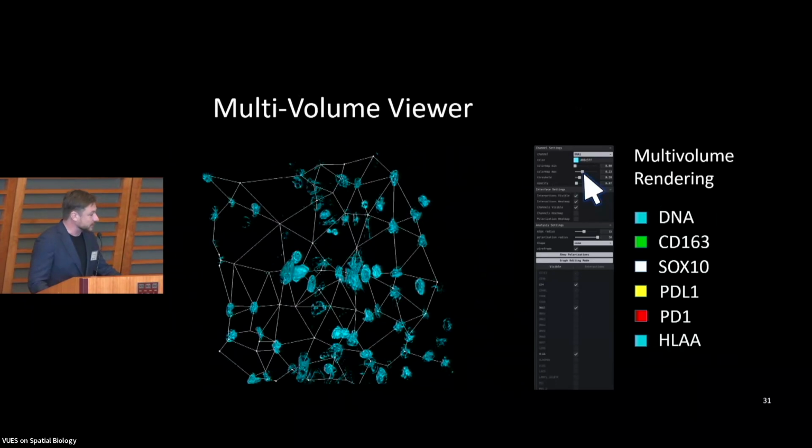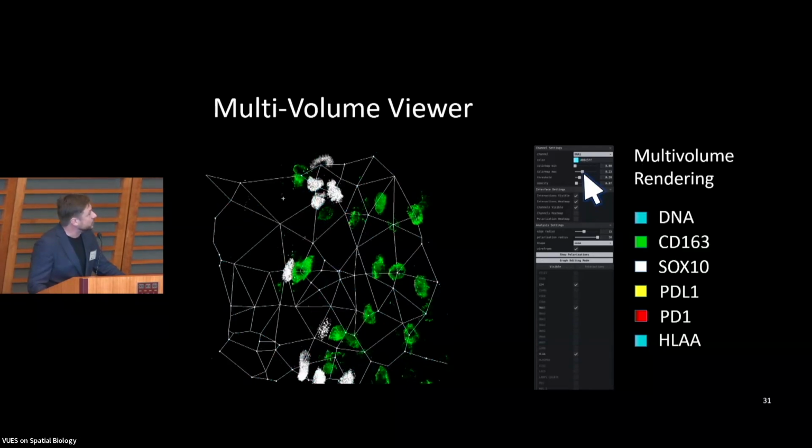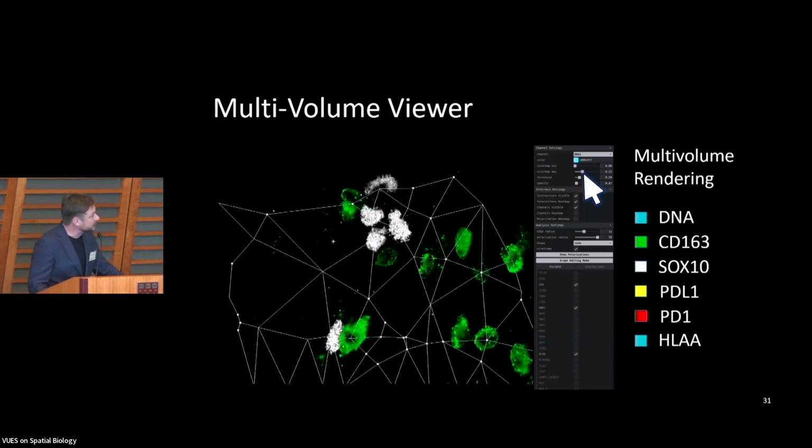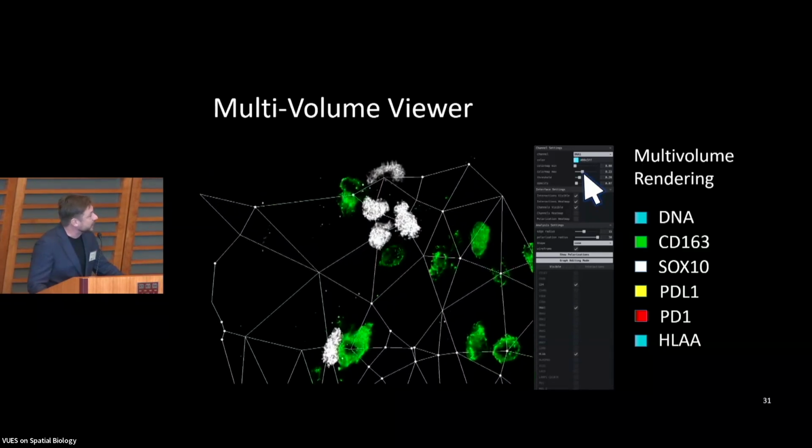You can see that we can visualize multiple volumes, in this case DNA, then CD163, an immune marker, and SOX10, a cancer marker. The viewer allows you to activate and deactivate different channels, zoom in, pan, look from different angles, and apply a transfer function for the pseudo color mapping. In this case, we also see the PD1, PDL1 pathway between T cells and cancer cells.